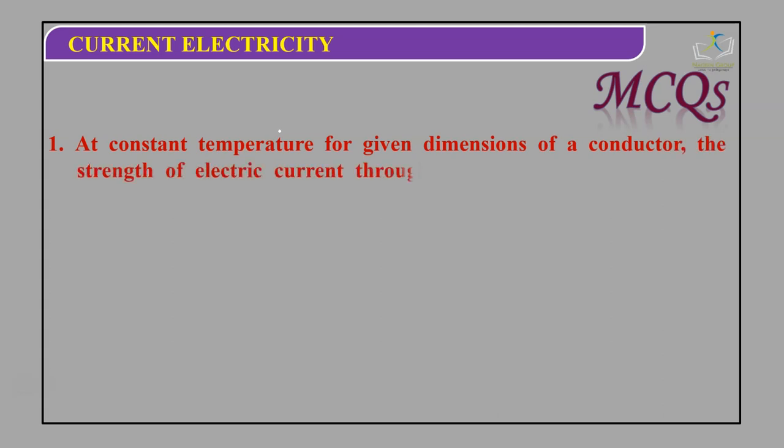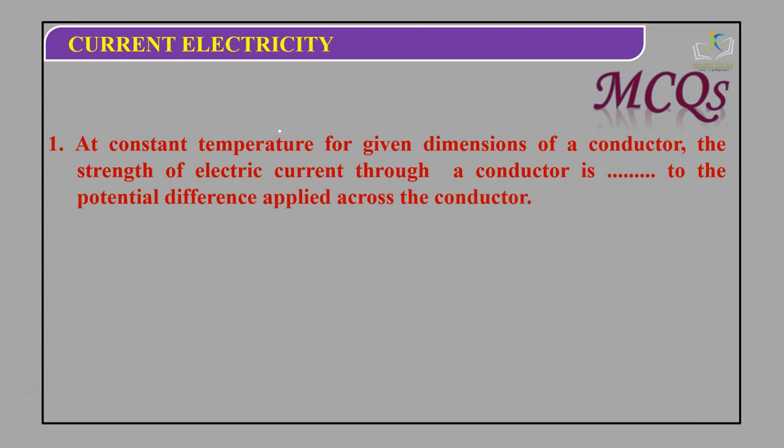Now moving ahead with some MCQ questions so that we can understand whether we have understood the things we studied or not. The first question: at a constant temperature, for a given dimension of the conductor, the strength of an electric current through a conductor is dash to the potential difference applied across the conductor.